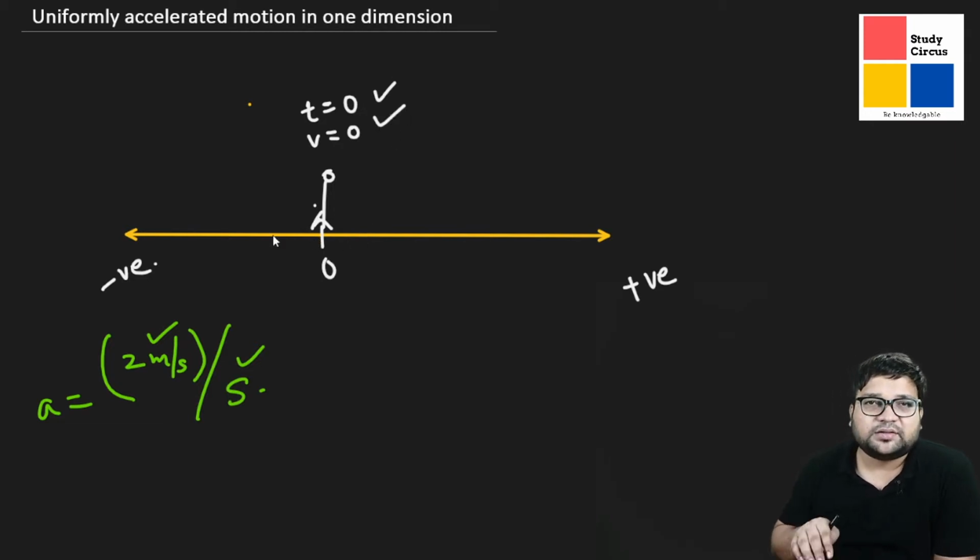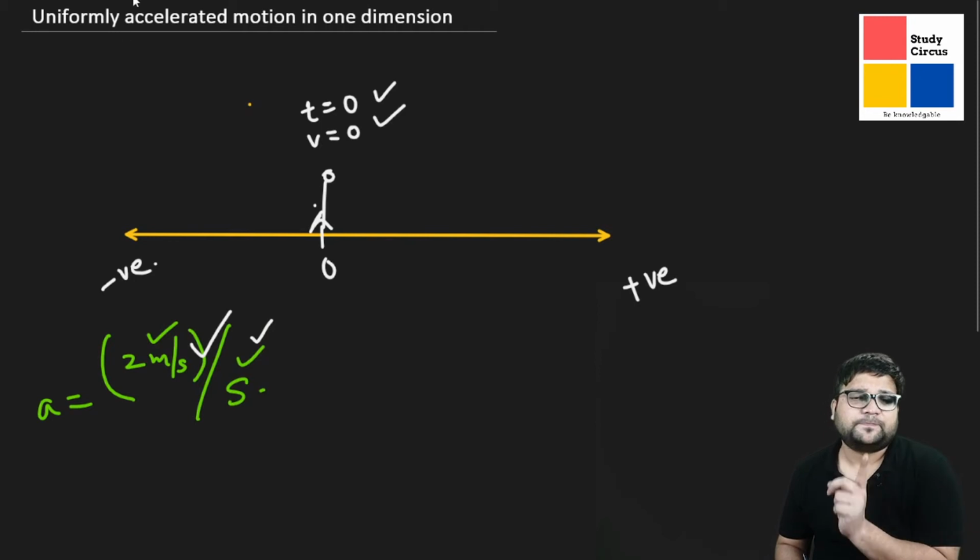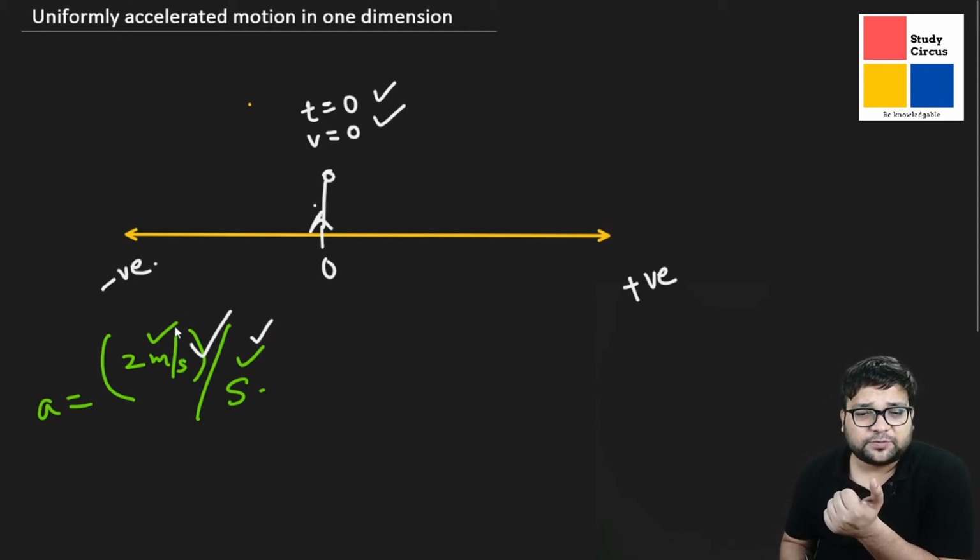Now he starts accelerating. That means his speed will increase with this rate, 2 meter per second worth of change happens in his speed, right? Now first we'll try to model how much is the speed at any given time. So just see, in 1 second, the speed will become 2 meter per second.